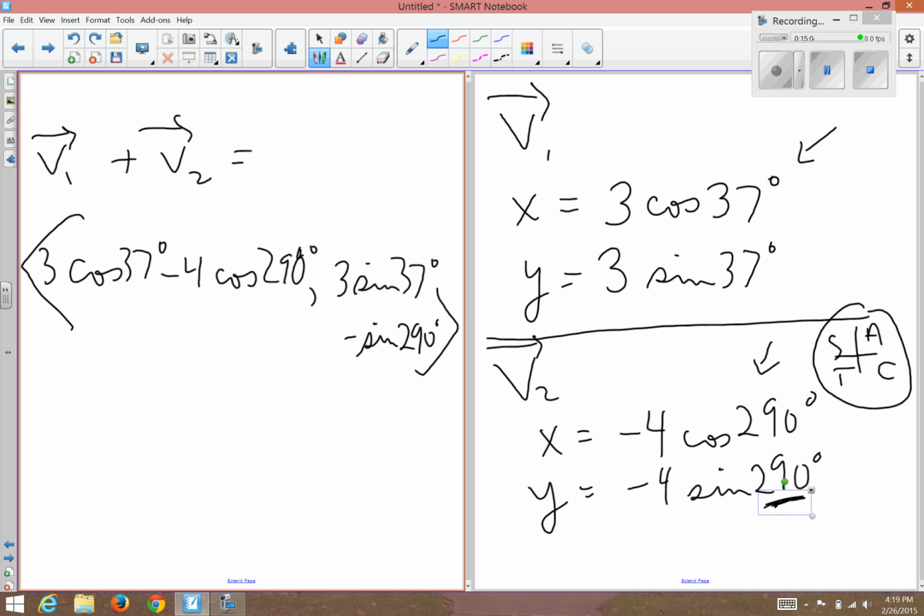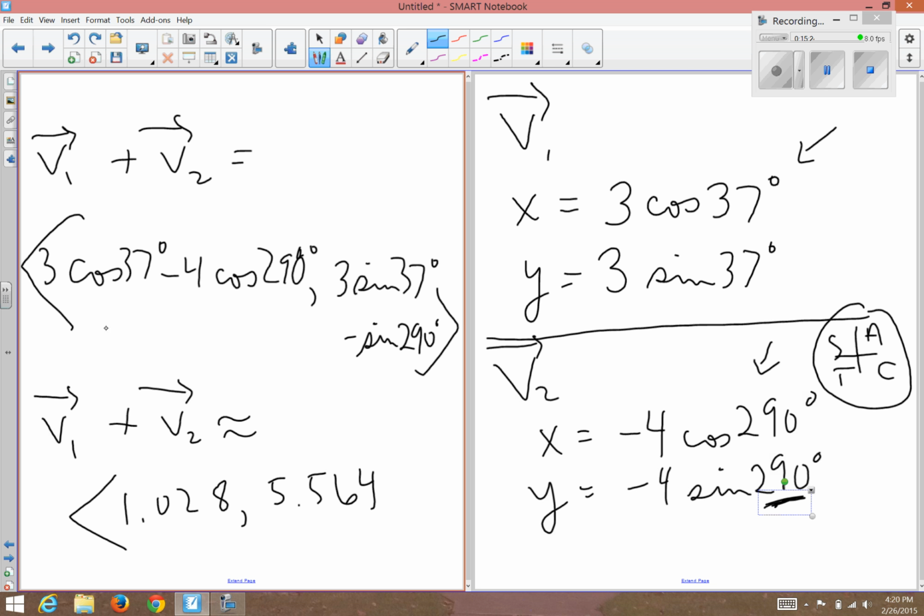So if you get out your calculator and put it in degree mode, type all this in, you could say vector 1 plus vector 2 is approximately 1.028, comma, 5.564. Just type all this in. That's where this number came from, 1.028. Type all this in. That's where 5.564 came from.